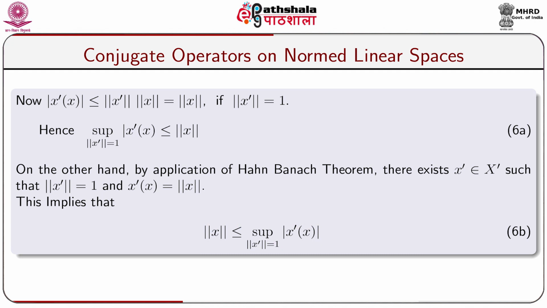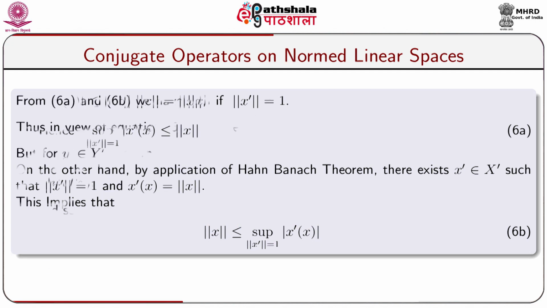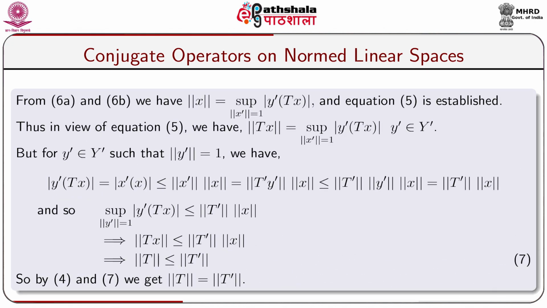This is equation number 6b. Thus, from equation 6a and 6b, we have norm of x equal to supremum of modulus of x'x, where supremum is taken over all such elements where norm of x' equal to 1, and so equation 5 is established.